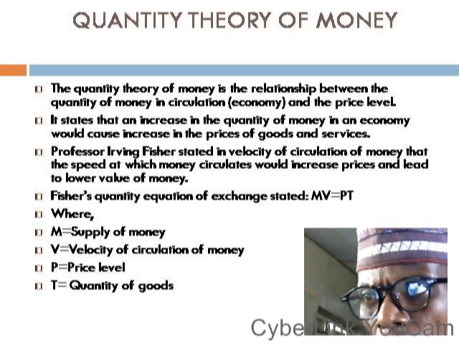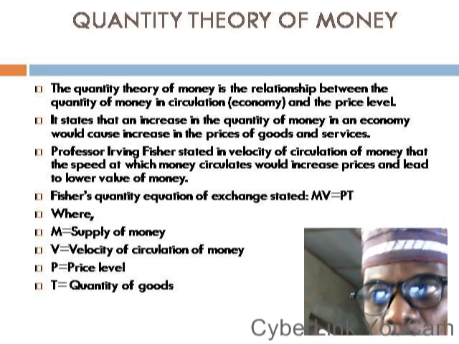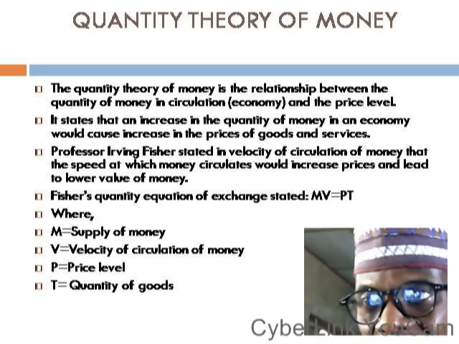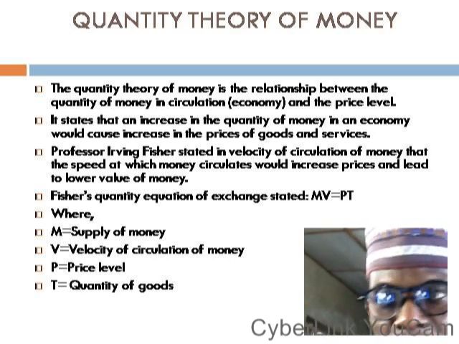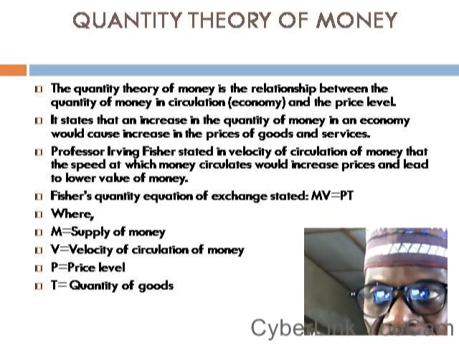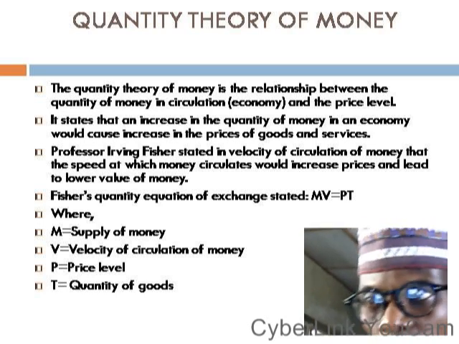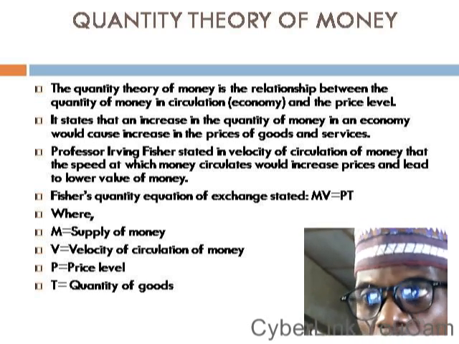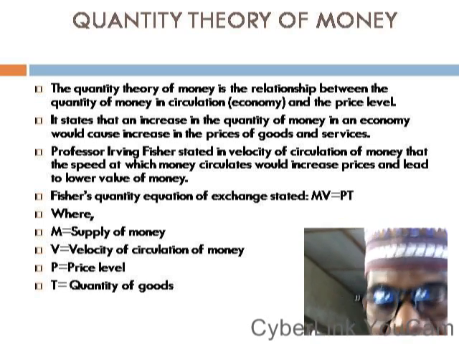Now, Professor Irving Fisher is one of the economists. He propounded one theory. They call it the velocity of circulation of money. It's part of the theory we have in economics concerning supply of money and demand for money. What does that theory say?